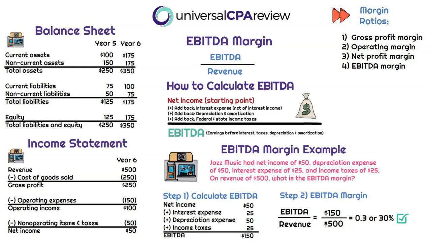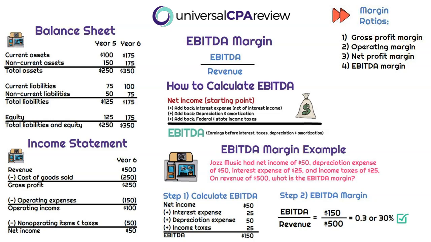Two simple steps here. Starting with step one, that net income is our starting point. It's always going to be our starting point. That's $50. We're going to add back interest expense of $25. We're then going to add back depreciation expense of $50. And then we're also going to add back income taxes of $25. And that gets us to EBITDA of $150.